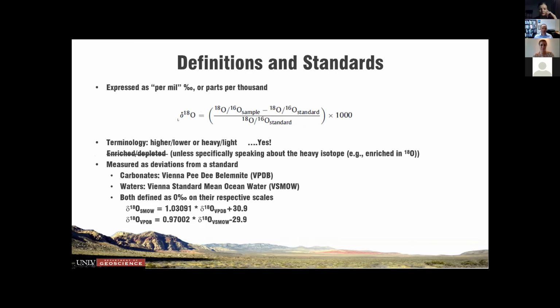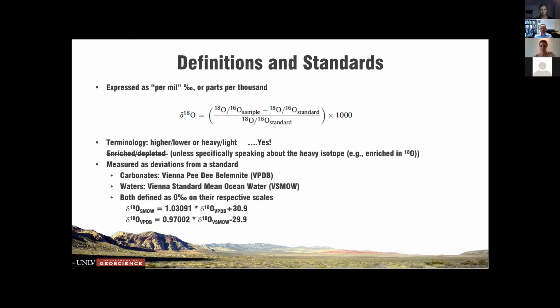Okay, then we need to talk about how we talk about the stable isotopes. Because these are ratios, we just usually talk about values that are higher than the standard or lower than the standard, or higher or lower in a relative sense. Sometimes you'll hear heavy values or light values, but I like to avoid using the terms enriched or depleted unless you're specifically talking about the heavy isotopes.